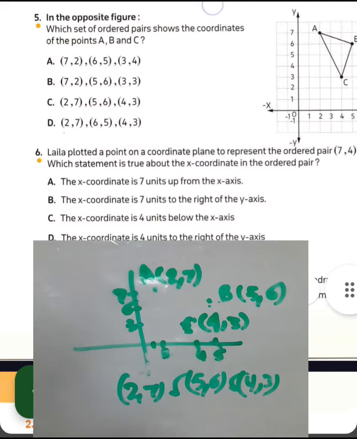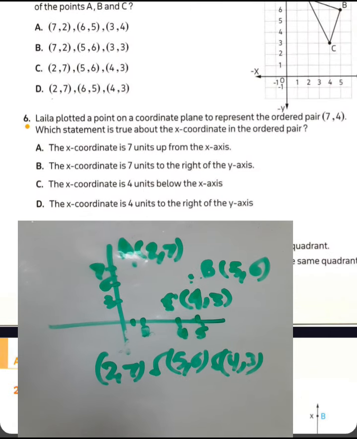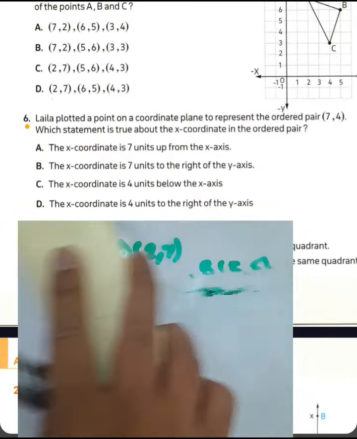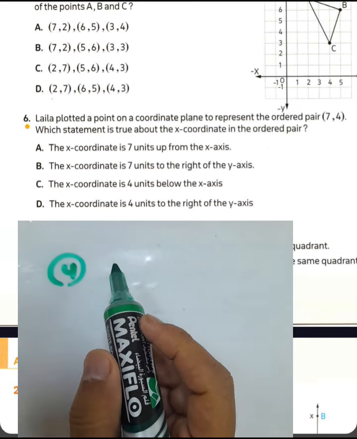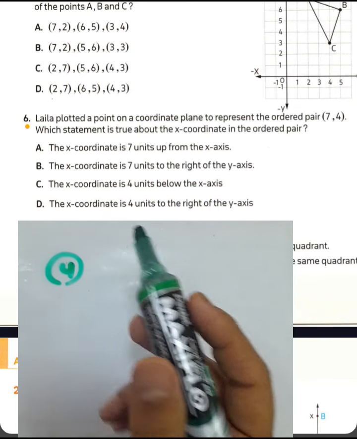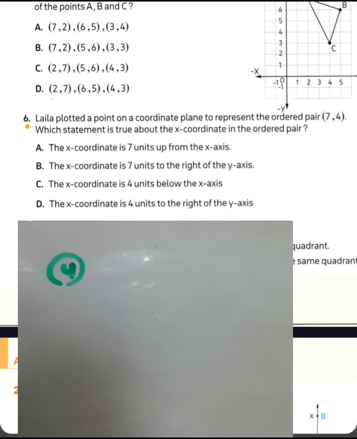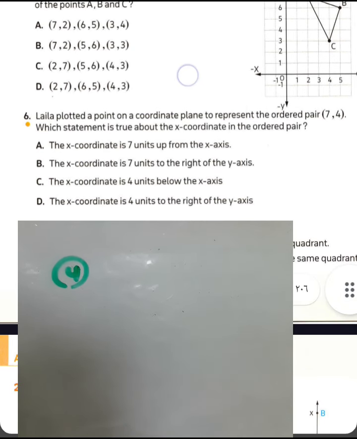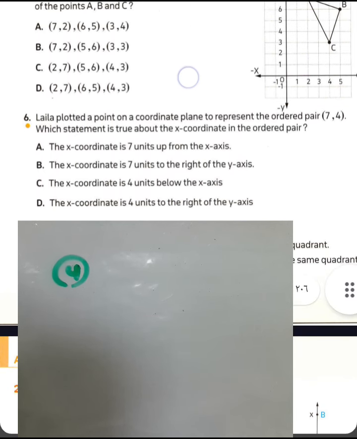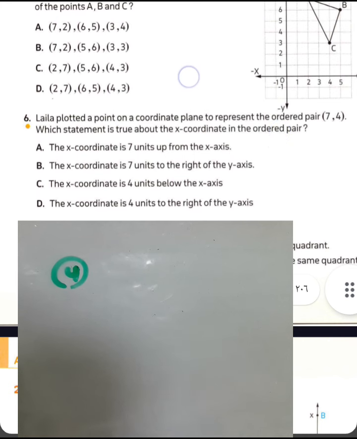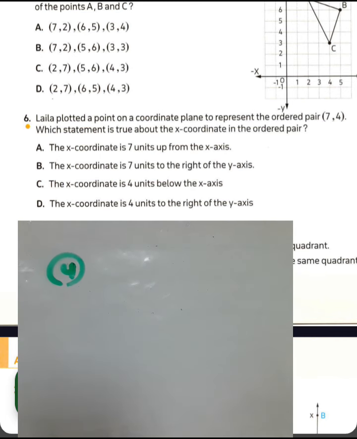Question number 6. Layla plotted a point on a coordinate plane to represent the ordered pair (7, 4). Which statement is true about the x-coordinate in the ordered pair?